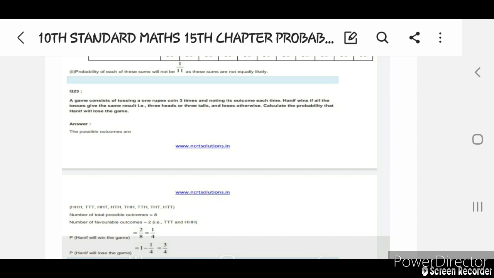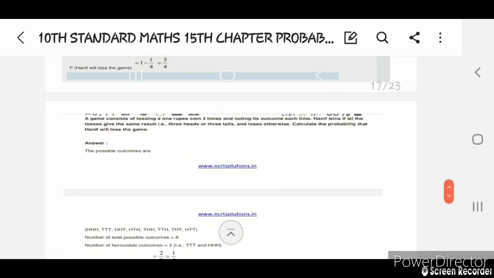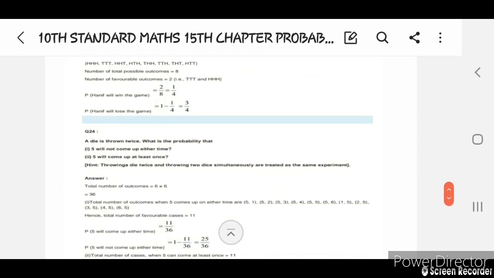See, the coin is tossed three times. The possible outcomes are HHH, HHT, HTH, HTT, THH, THT, TTH, TTT. So the number of possible outcomes is 8, and the number of favorable outcomes he needs is 2.